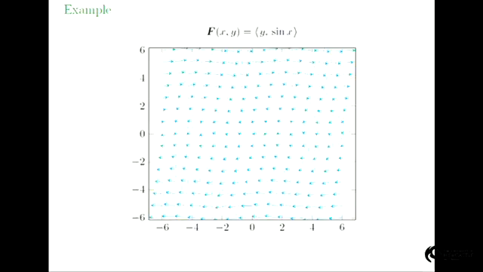Here's another one. F of x, y is equal to y sine x. So at every point x, y here, you want to draw the vector y sine x. So you can get really interesting behaviors. You'll hear the word particle a lot. I won't use it, but the physics people, maybe even the fluids people, will talk about throwing a particulate matter into this vector field.